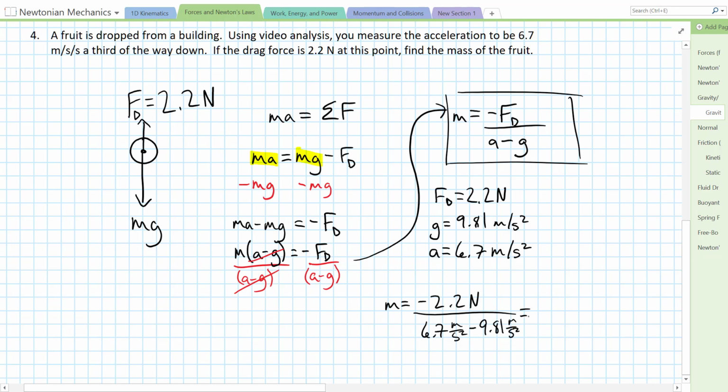We end up with 2.2 divided by 6.7 minus 9.81, 0.71 kilograms to 2 sig figs.